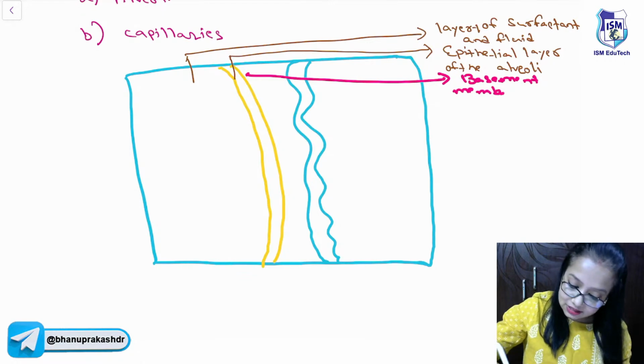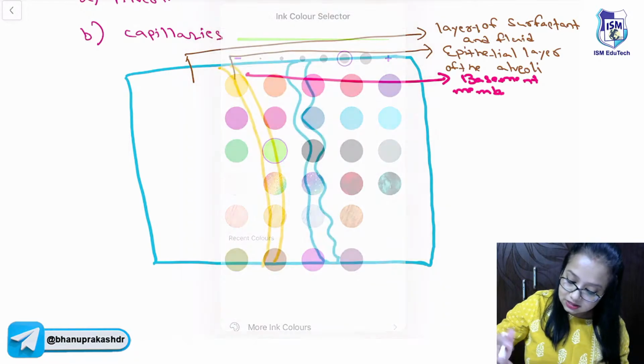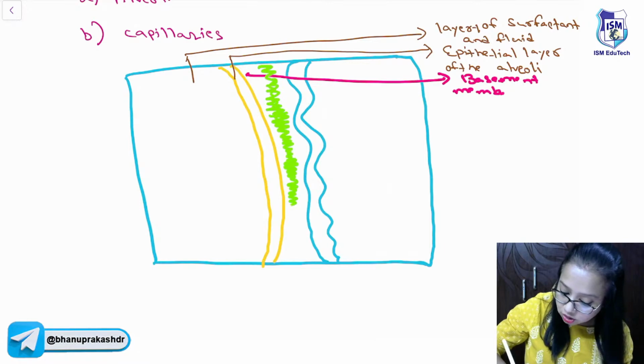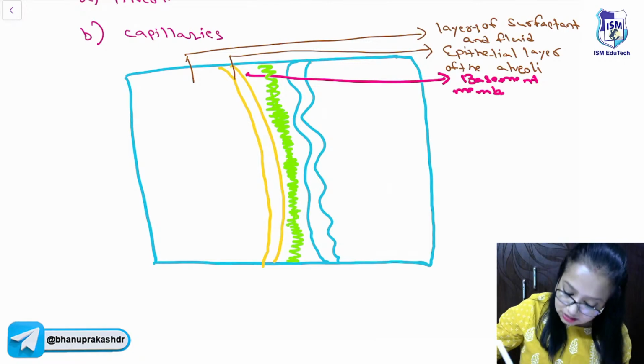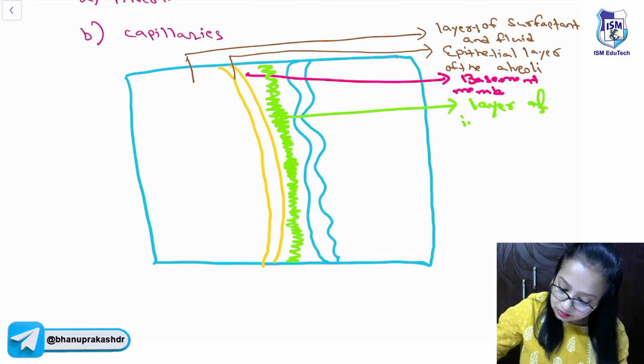After that, there are layers of interstitial fluid adjoining the endothelial layer. So, the fourth layer is the layer of interstitial fluid.